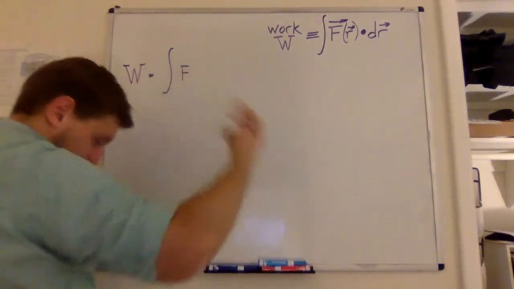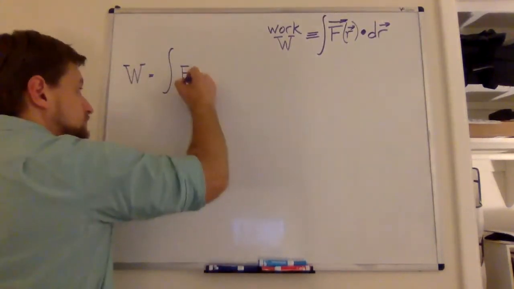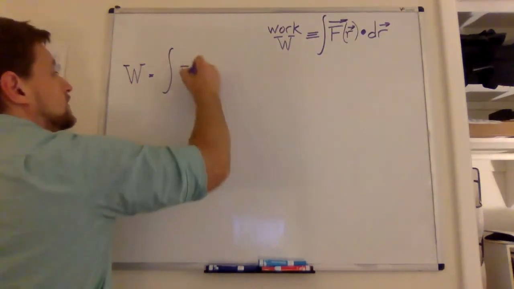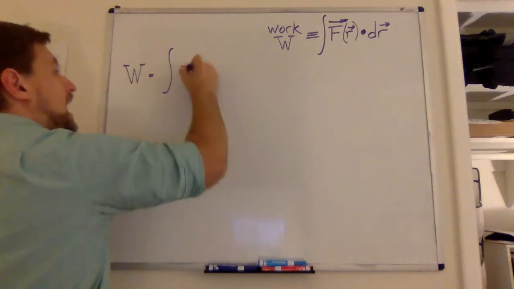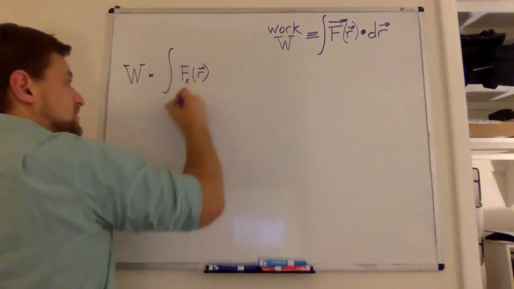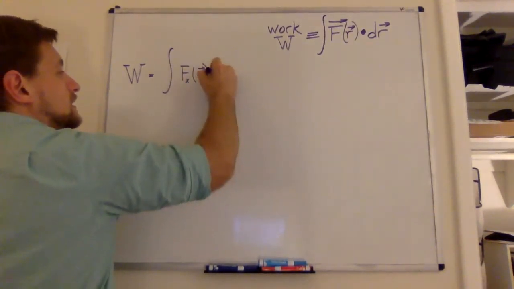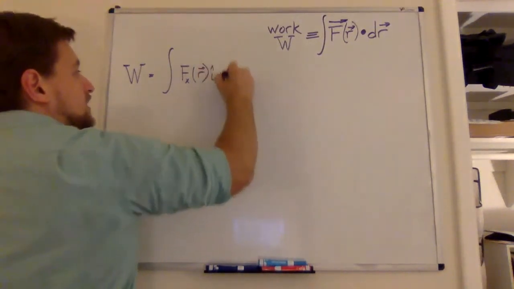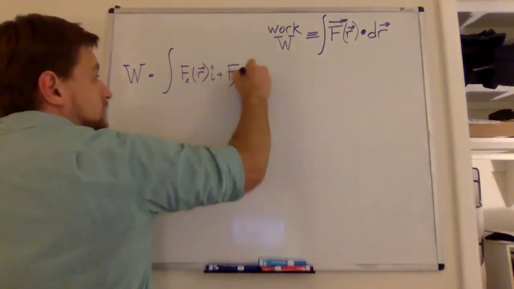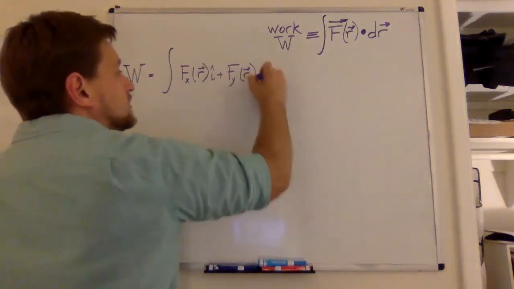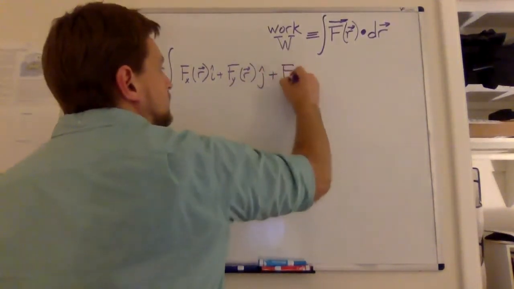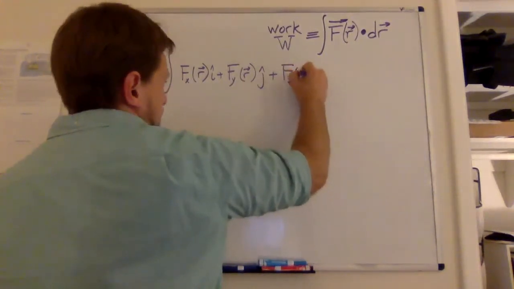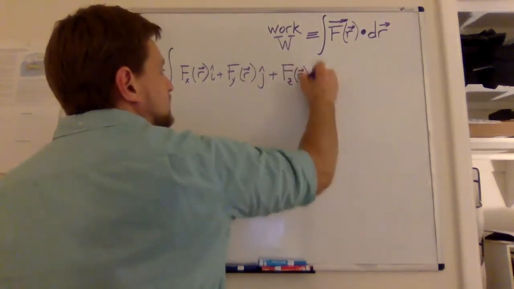So this force could have an x component as a function of position in the i direction, plus some y component, maybe also a function of position in the j, and some z component, maybe also as a function of position.